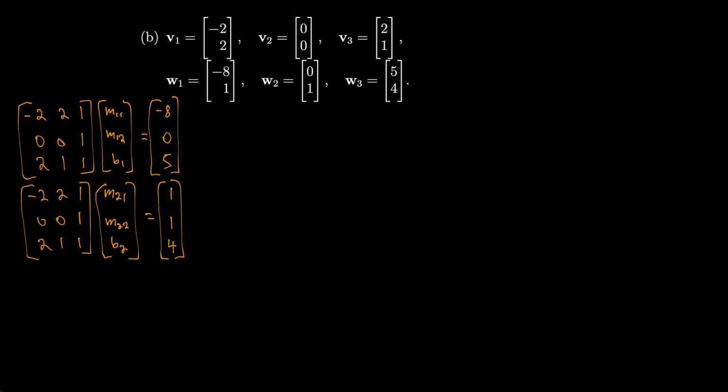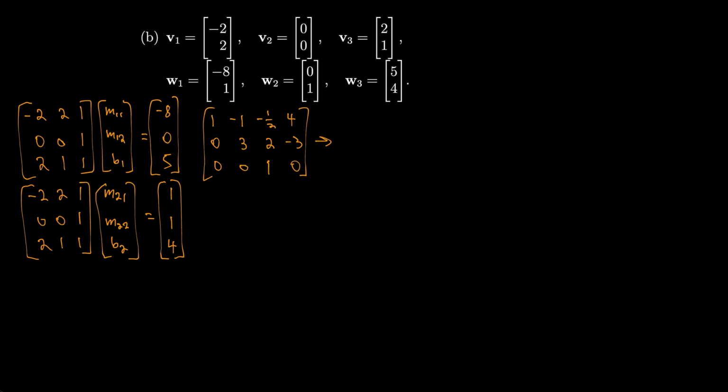Okay, so solving the top one, we get 1, minus half, 4, dividing by 2, 0, 3, 2, minus 3. We're just swapping these rows so that we have this one on the bottom. So we'll have 0, 0, 1, 0.